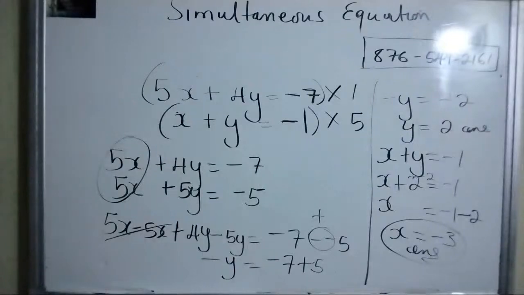Someone said they got negative 11 and positive 12, and that satisfies the equation. We should try it. Type it in again so we can see. x is negative 11 and y is negative 12.